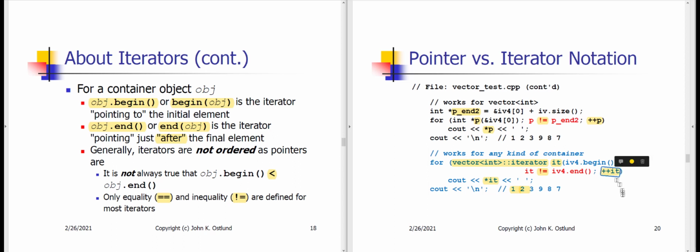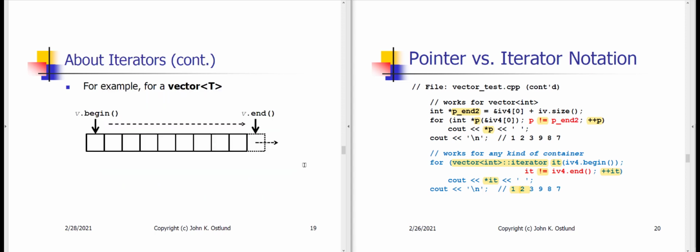And I can increment the iterator, which will bump the iterator forward to the next element in the container. Okay, so, as I said, it's basically intended to mimic the behavior of pointers, but for more complex kinds of containers.